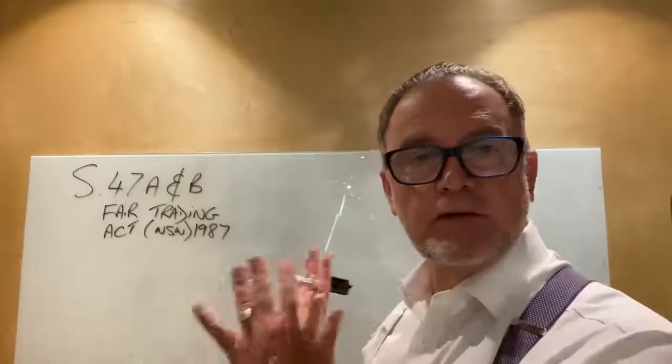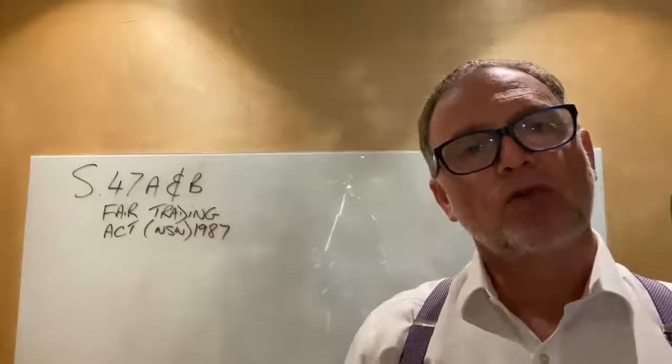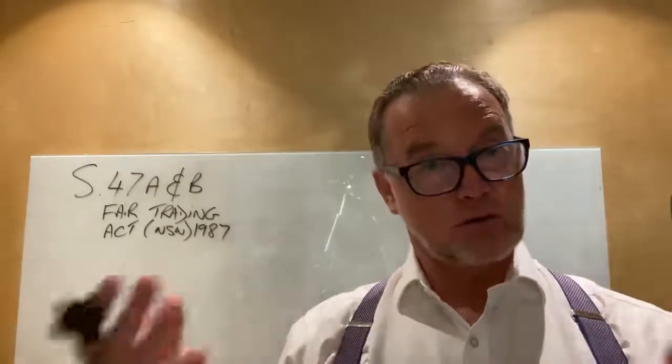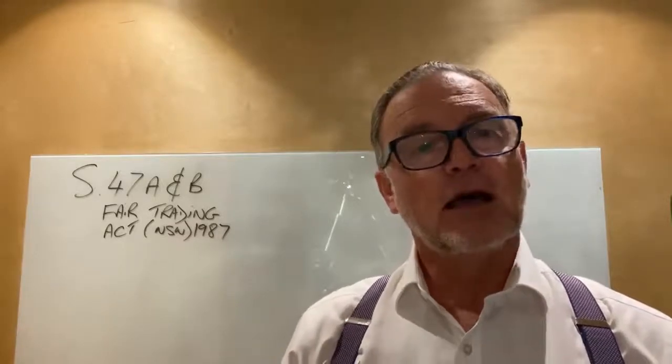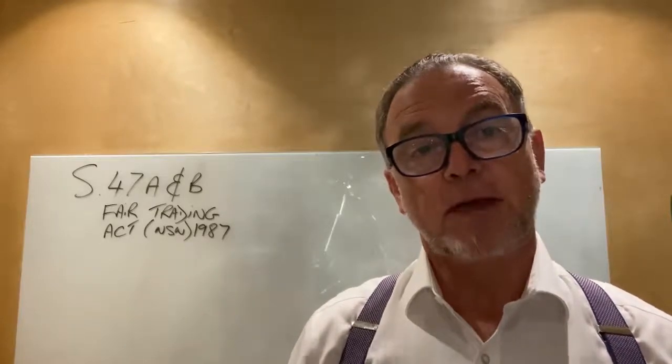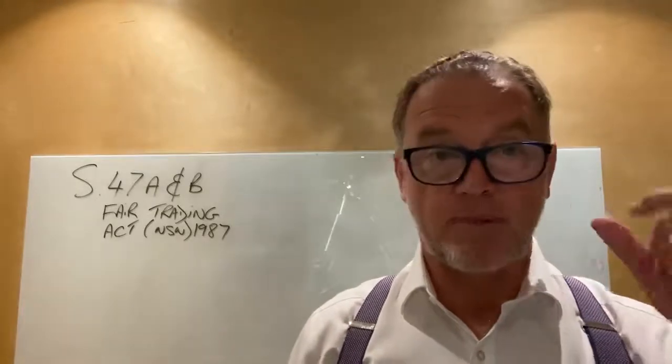But these two provisions, 47A, relates to making sure that you disclose to your consumer, your client, your customer, any terms and conditions of any service provision, goods or services, that may have a prejudicial impact on them.